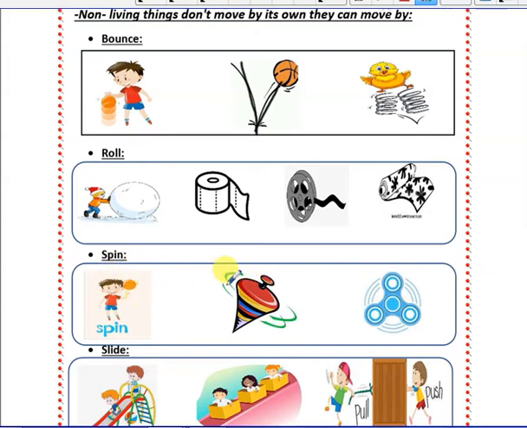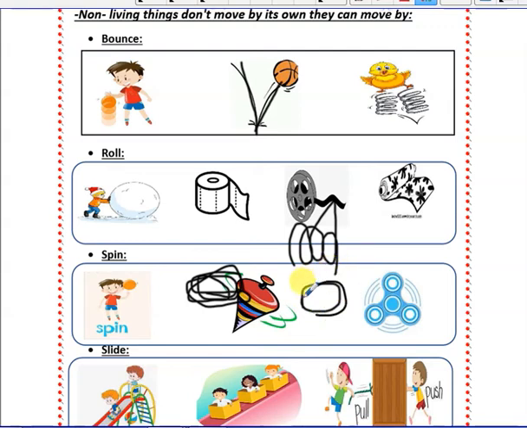This spinner can spin, right? So this movement is called spin. But this movement is called roll. If the non-living things do this movement, this is called spin. Doing this movement, this is called roll.